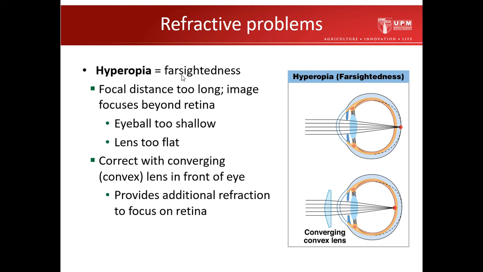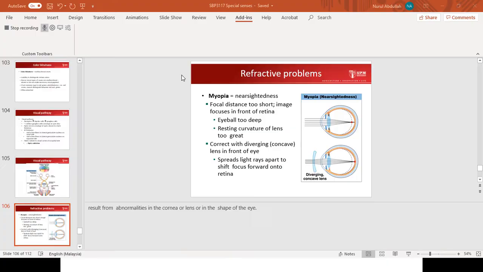Hyperopia can be corrected by placing a converging lens in front of the eye. The converging lens has at least one convex surface, and this provides the additional refraction that is needed to bring a nearby object into focus.